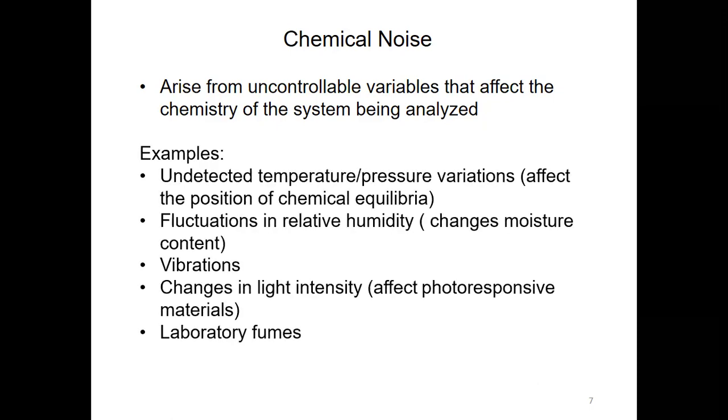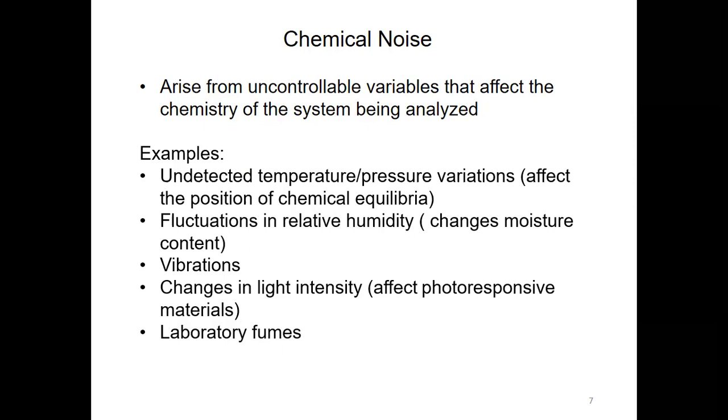Now let's see a few examples of chemical noise. One is undetected temperature or pressure variation. There can be temperature or pressure variations in the sample during the analysis, but it is difficult for us to detect them.